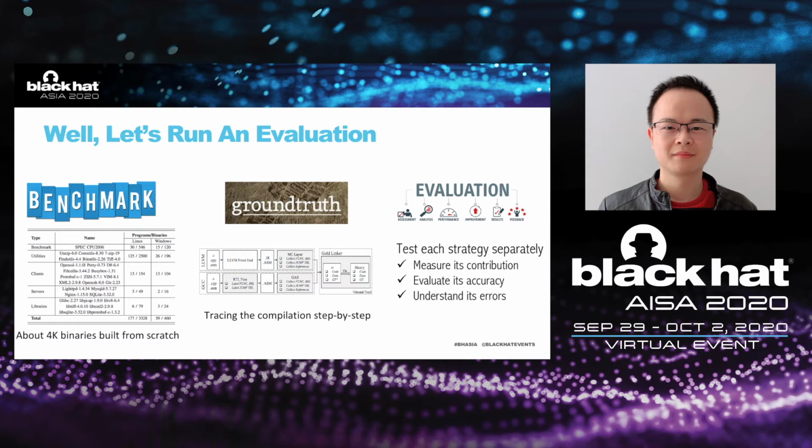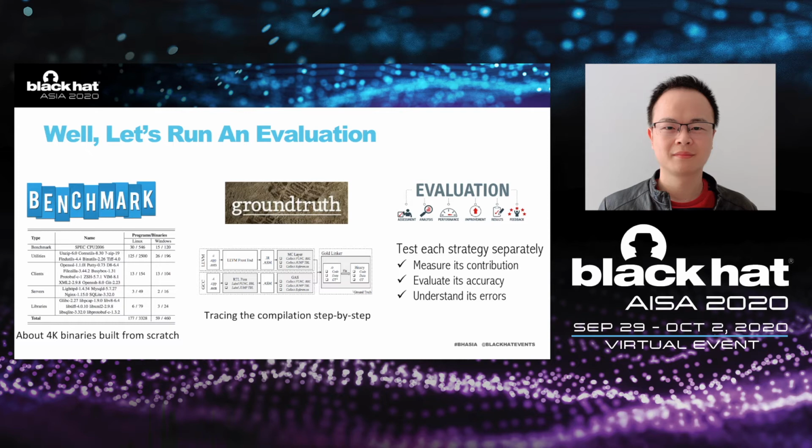Second, existing approaches of getting ground truth of binary disassembly mostly rely on symbol information or debugging information. We found that such approaches can easily be inaccurate or incomplete. To deal with this problem, we decided to instrument the compilers. By tracing the compiling process step by step, we are able to get accurate and complete information of different types of ground truth.